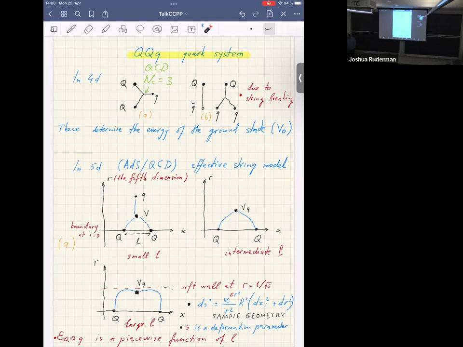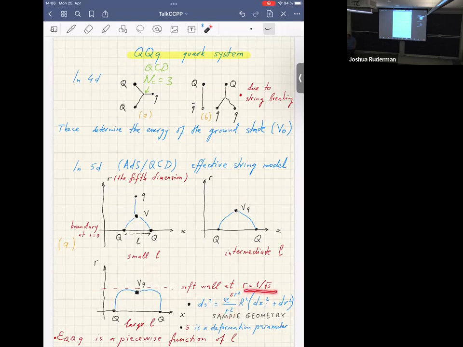It's again a defect, but the point is that in the geometry there is a notion of a soft wall, and the soft wall is really a model of confinement. It means that the string cannot get deeper into the interior than this soft wall, and the soft wall is quite easy. It's just a local minimum of this potential.